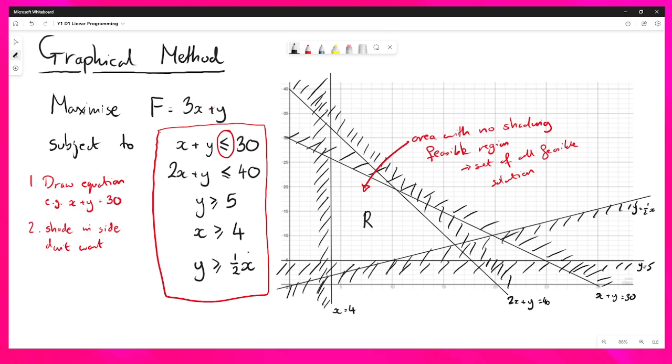So which pair of x and y in this feasible region gives us the best f? There are two methods for doing that, which we will look at each individually in their own video. Both have their pros and cons. One is easier, but you have to do more. One is a little bit quicker, but can be a little bit more confusing. But we'll address those in later videos.